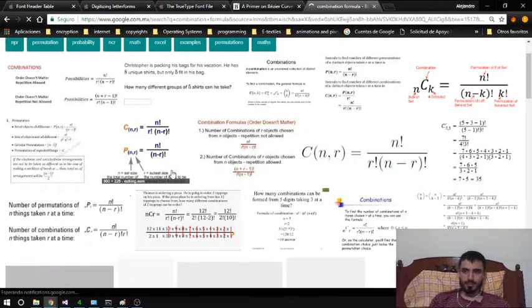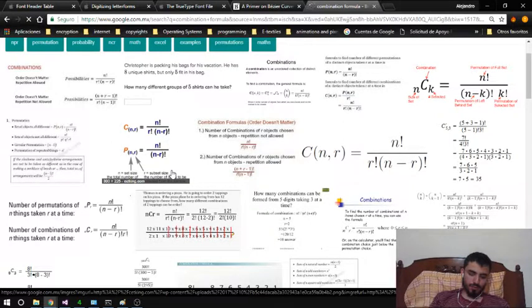Yeah, this is the one. The combinatorial of n r, where n is your number of elements from which you're going to combine, and r is the objects that you choose, or the objects that you're going to mix.